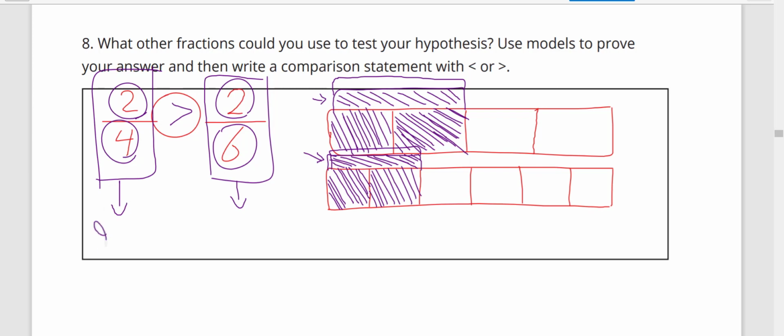The smaller the denominator, the greater the fraction. And this fraction is smaller. Okay.